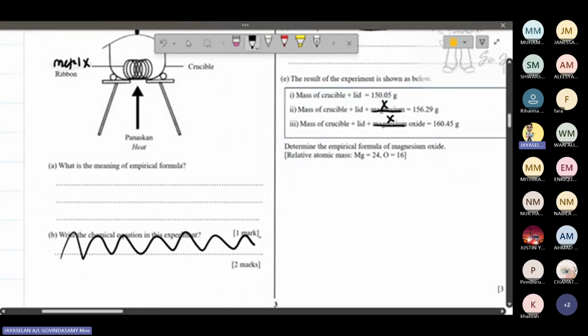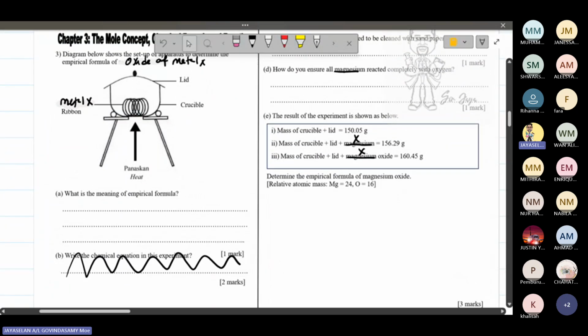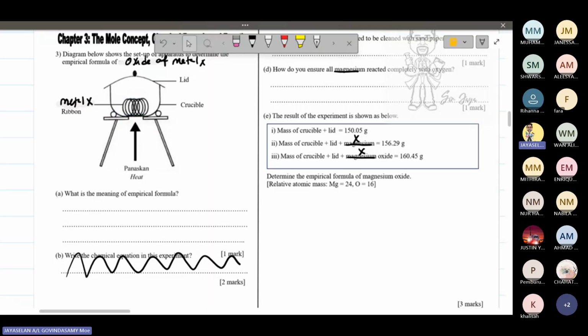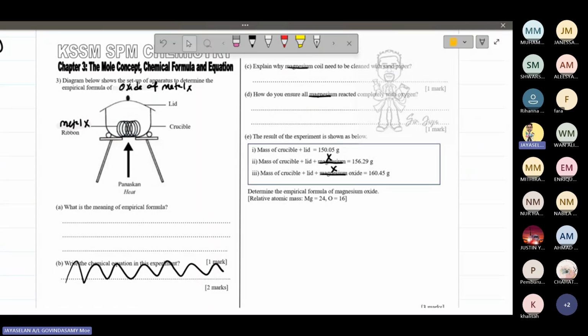Okay, equation tak payah buat. Dia tak boleh buat. Justin, in what question now?